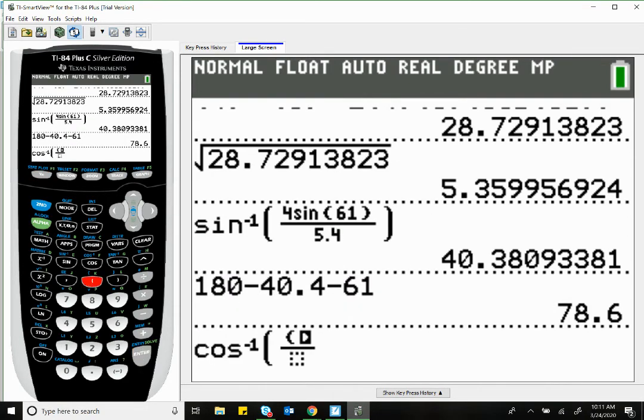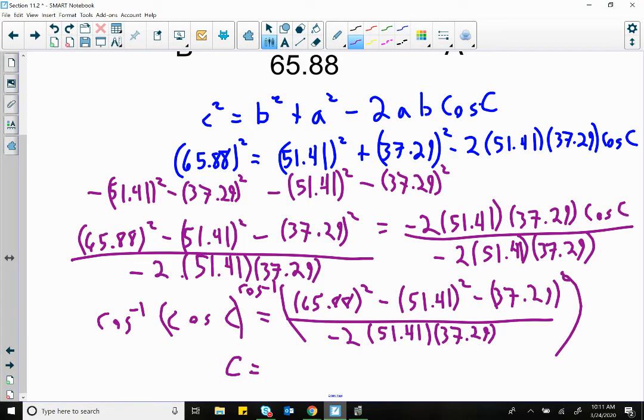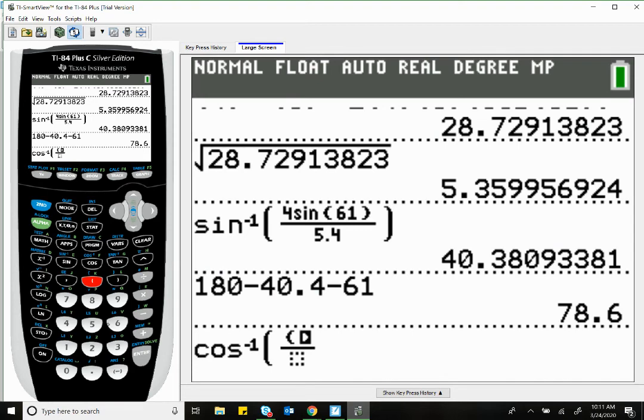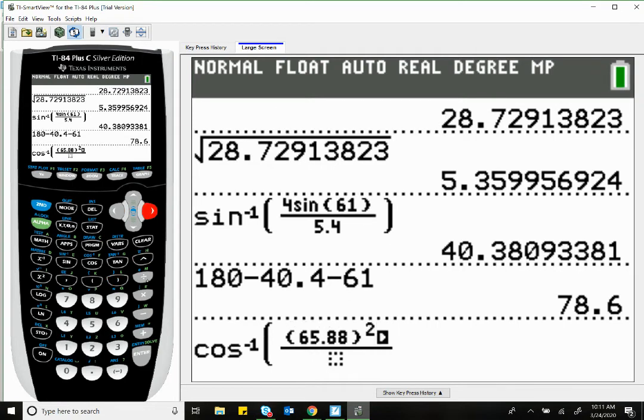So we have 65.88 squared minus 51.41 squared.